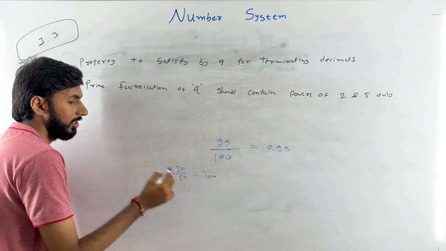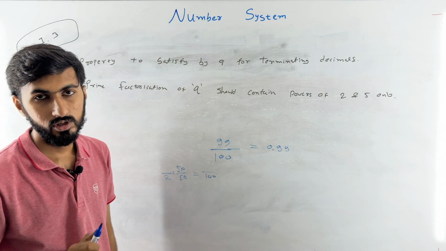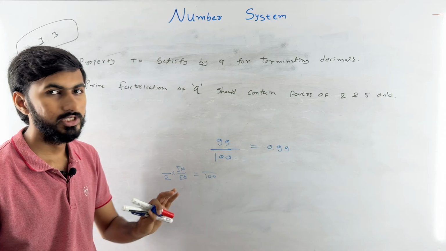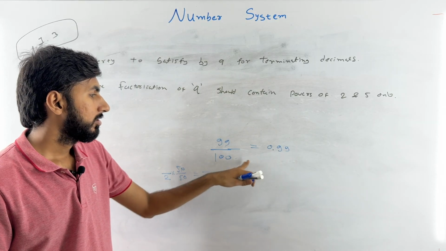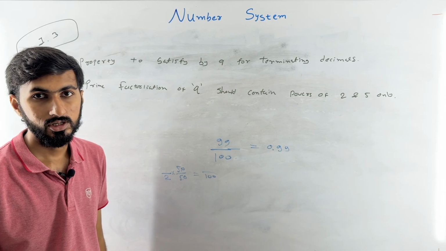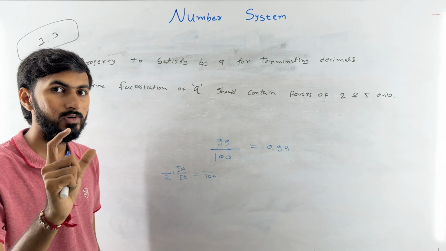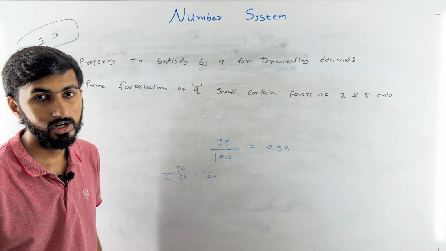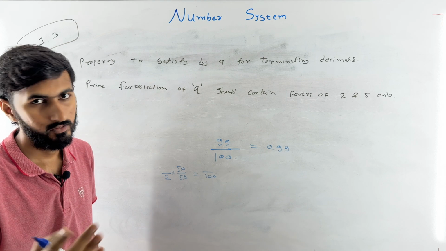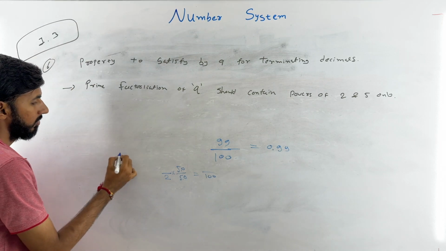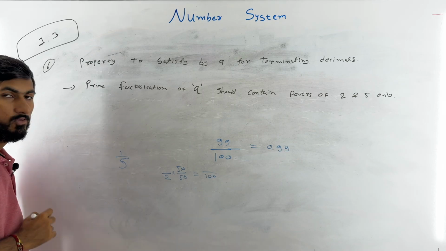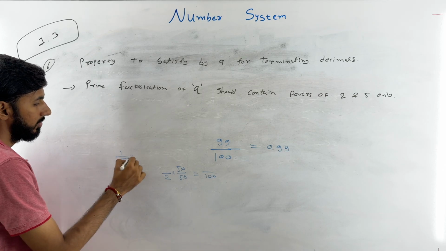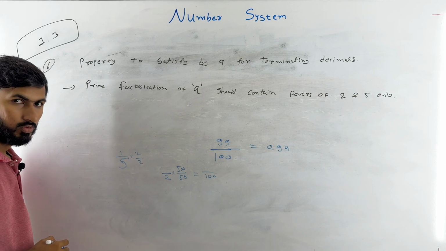If you multiply and divide by the same number to any number in the form of p by q, the answer will be the same. So to get 10, 100, 1000 or 10,000 easily, the only common factor that can be multiplied and divided is 2 or 5. If I have 1 by 5 and I want to make 10 in the form of the denominator, I will just multiply and divide it by 2.